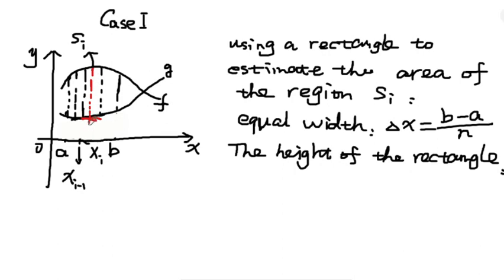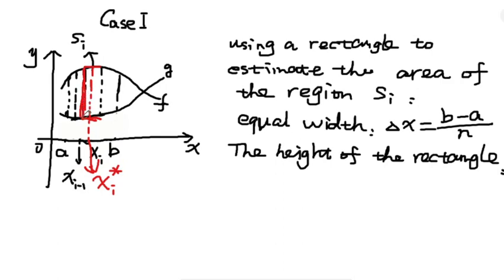I will call this point xi star, which is the sample point in the ith interval. And we understand the sample point is a free choice in the ith subinterval, any value between xi minus 1 and xi. So we can form the rectangle's height in this way.